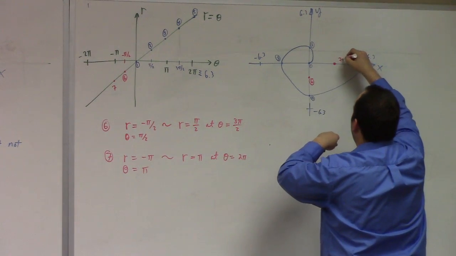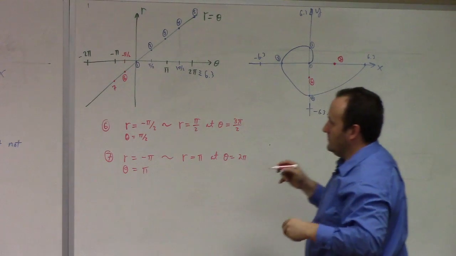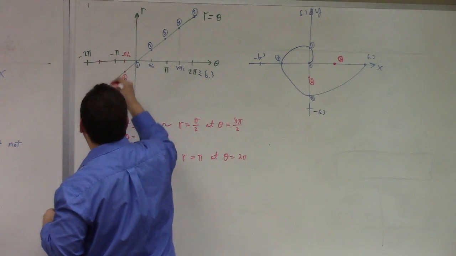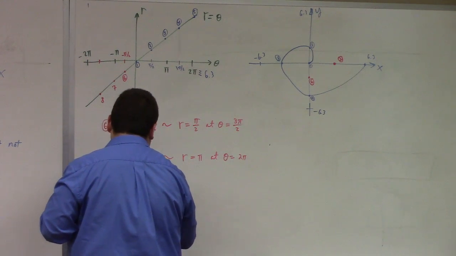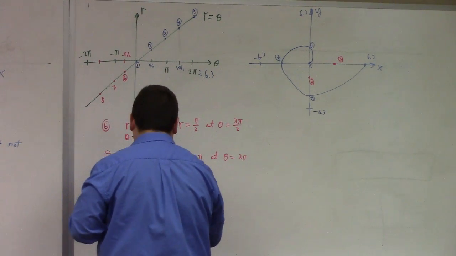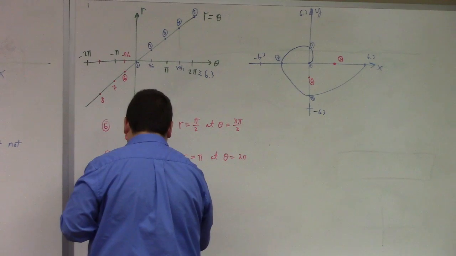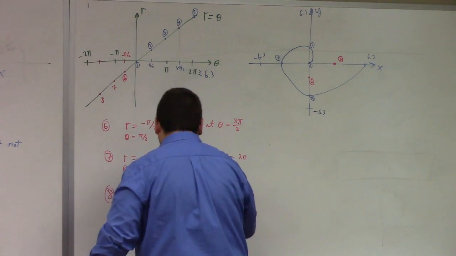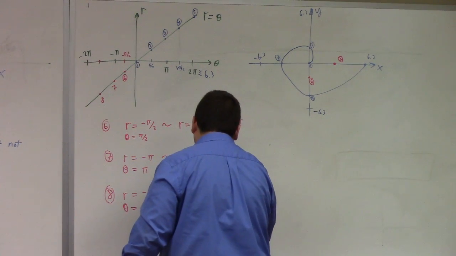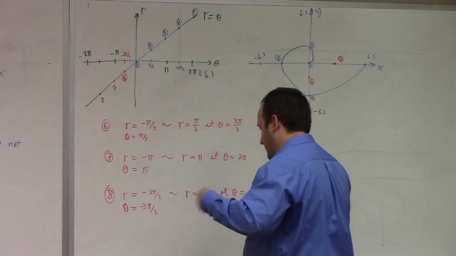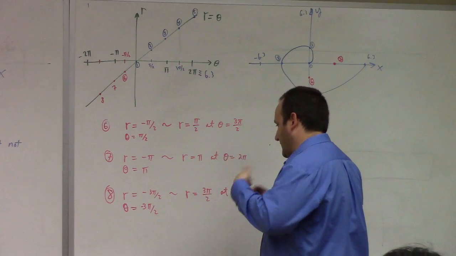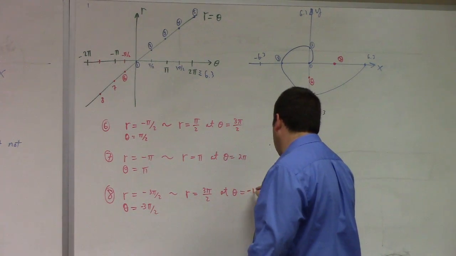That's my 7. And let's put 8 here. For 8, r equals minus 3 pi over 2, and theta is minus 3 pi over 2. That's equivalent geometrically to r equals 3 pi over 2, and at theta equals what? Add pi, right? Minus pi over 2.